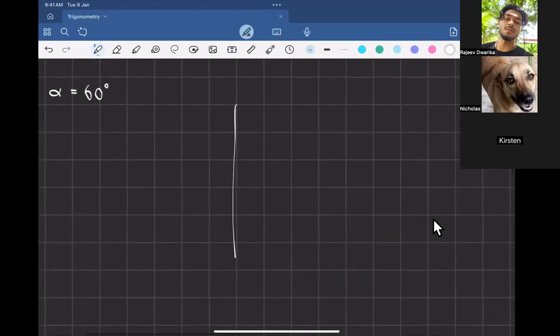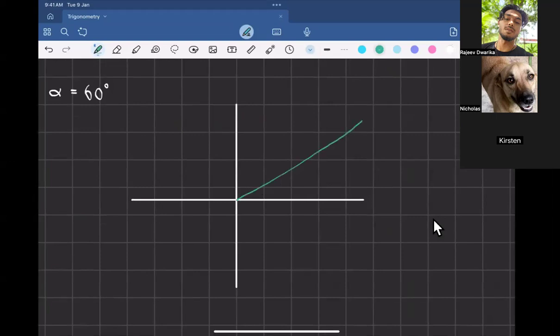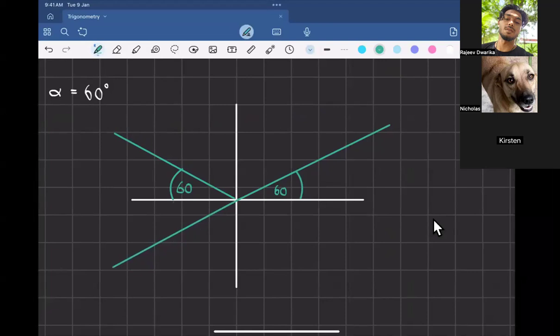So from that, look what I could decide. I could draw my graph like this now. So I have a 60 over here. I'm gonna draw in the position of my reference angle in all my quadrants.